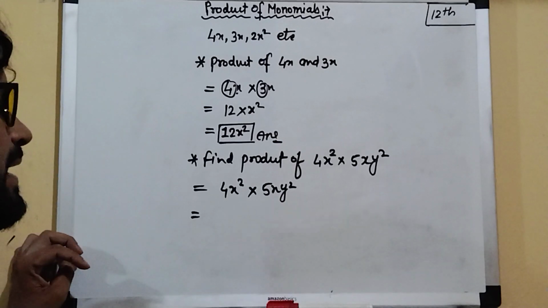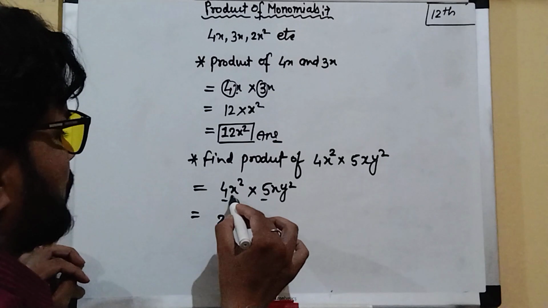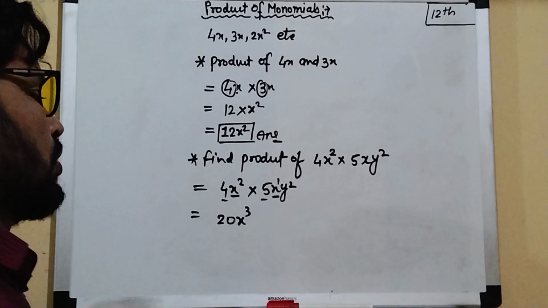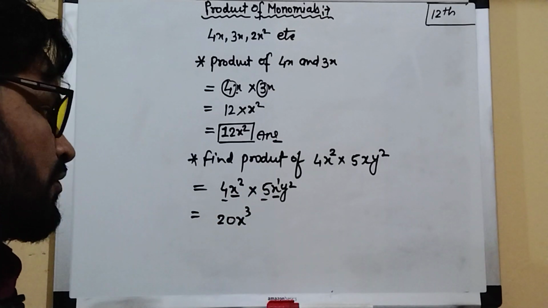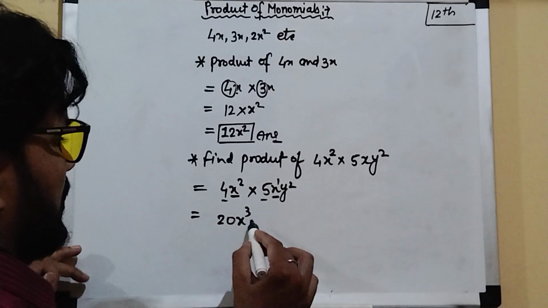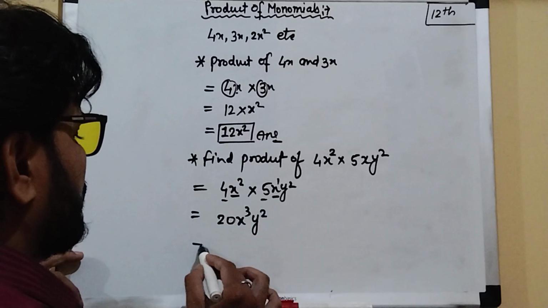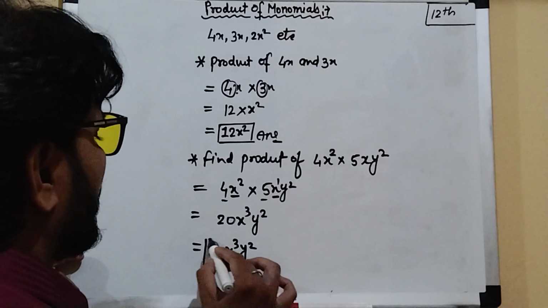First of all, multiply like terms into like terms. That is 4 into 5, what we get? 20. x power 2, x power 1. So we get x power 3, because in the power form, when the bases are the same, then the powers will be added. Now y square, this is the alone term, so we get y square. So finally the answer will be 20x cube y square.